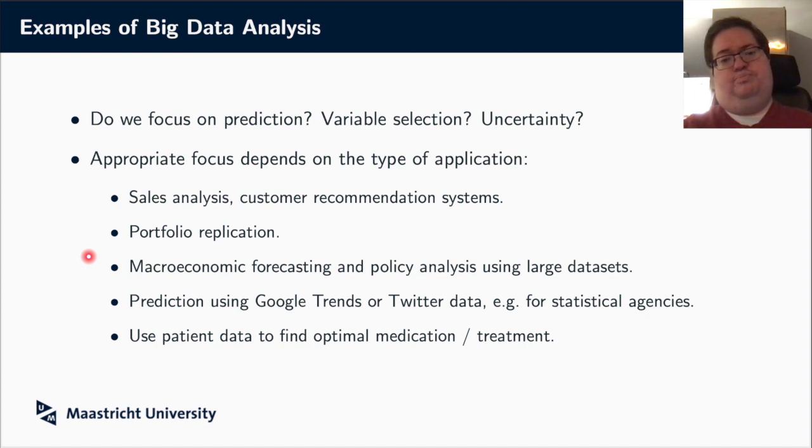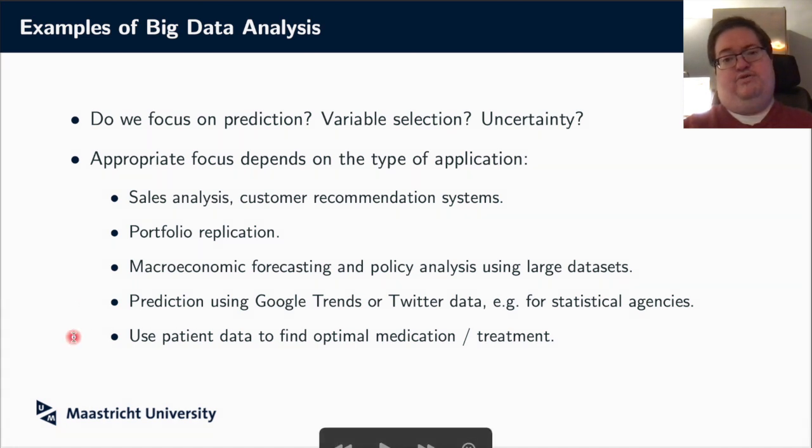If you do prediction for statistical agencies, then clearly, if you want to do it the proper way, uncertainty would probably matter. On the other hand, if these predictions are not used to replace official statistics, but just as an additional tool, then you might say, well, we could probably just focus on the predictive part and not the uncertainty.